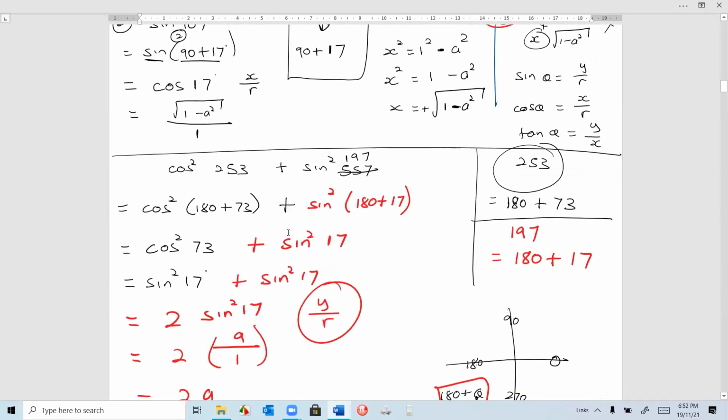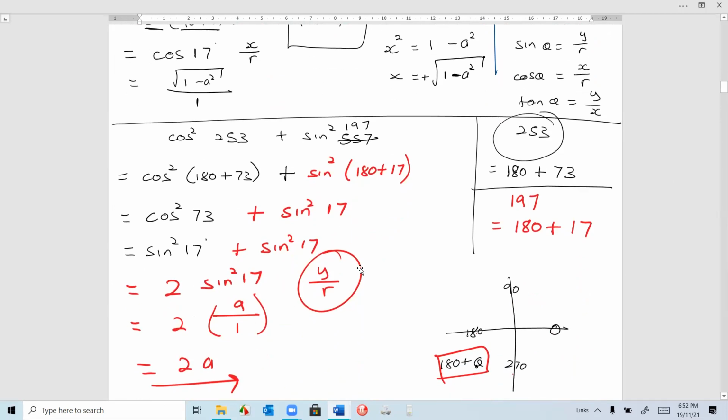What do you do with the square, sir? Yeah, sorry, thanks for bringing that up. I actually forgot to bring in the square. See how important it is for you guys to pay attention. That square is still there, so that should be 2a squared. Thanks for that. Mr. Finney's on top form there.